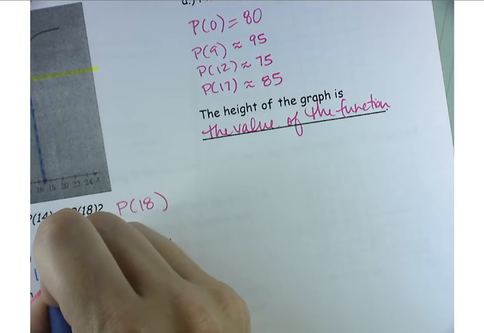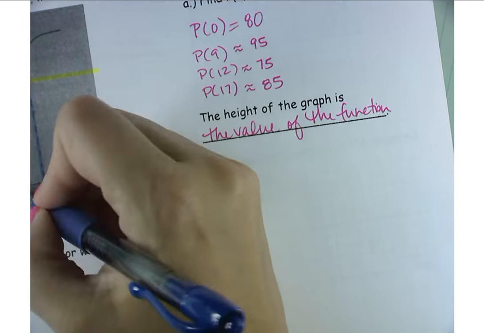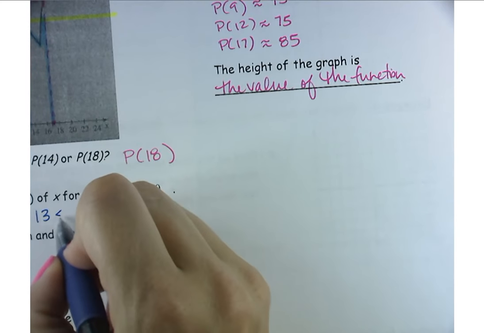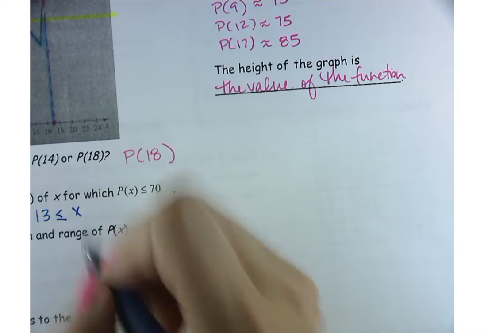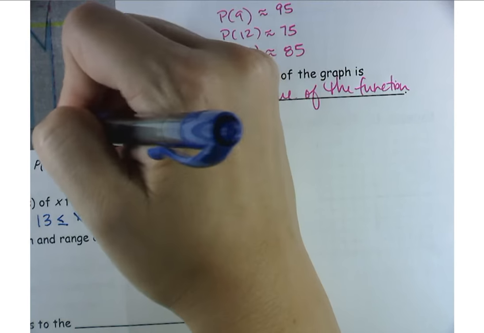But it clearly looks like it's above that, doesn't it? Does your guys look like it's right on 13 or a little bit above? I have right on 13. Okay, so if it's right on there, I would put the greater than or equal to. Yeah, I know, it's really weird.